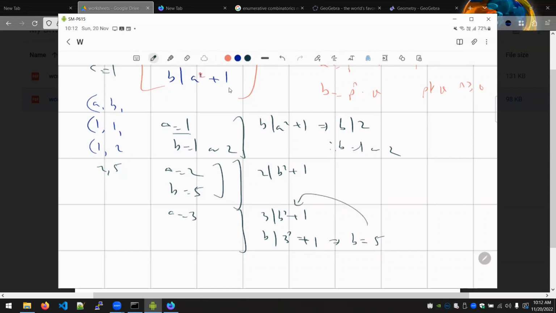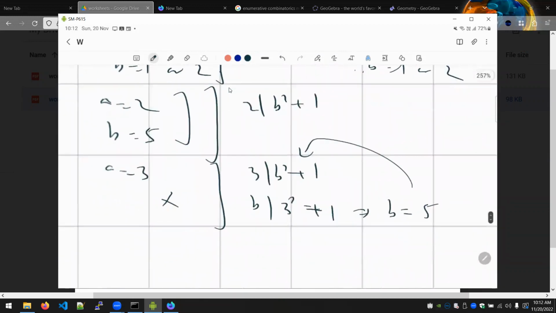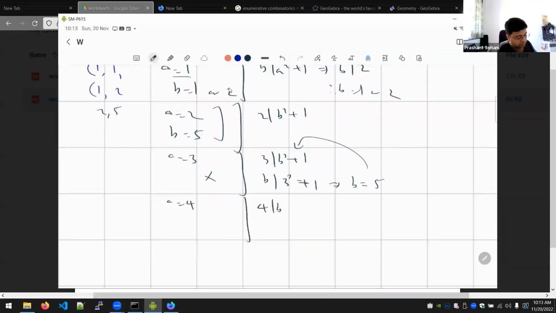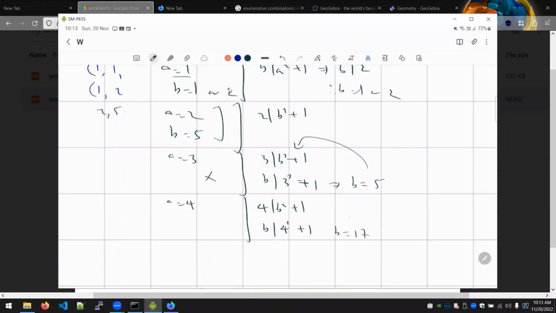So therefore there is no solution available here. Okay, so A is equal to 4. B can be only 17. Still no solution, sir. Still no solution.